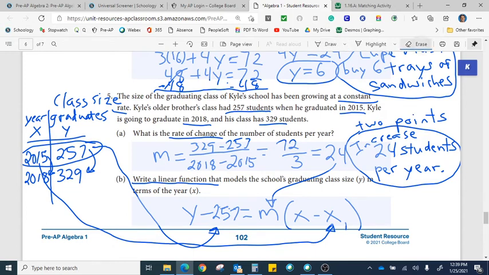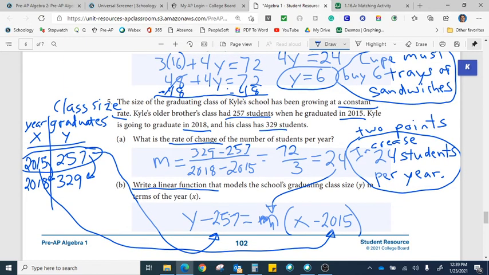The x1 is going to be 2015. And my m value right here is going to be 24. All right, so that right there is a linear function.